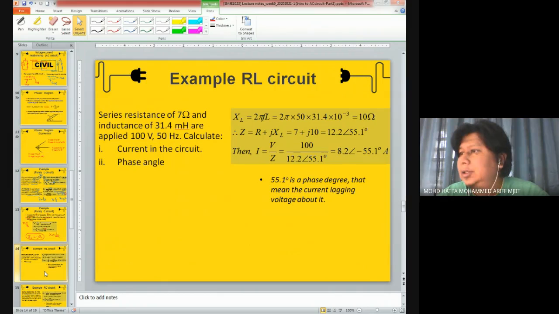This is example of RL circuit. In this example, we have a series resistance and inductance. The value of resistance is 7 ohm, and the value of inductors is 31.4 millihenry.